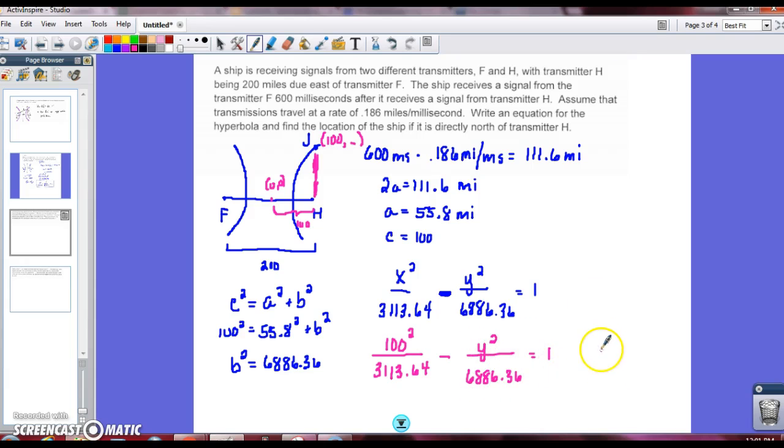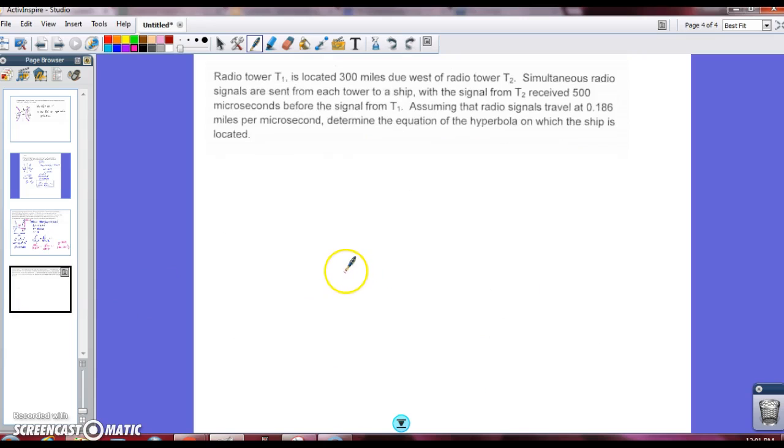But you end up with y coming out to be 123.4. That's an approximation. So when it says to find the location of the ship, you're just writing it as the coordinates, 100, comma 123.4.